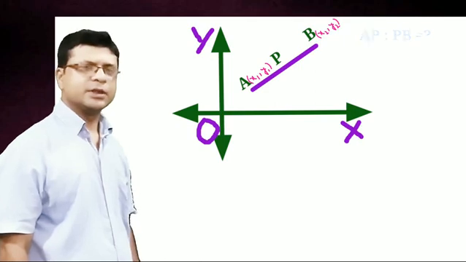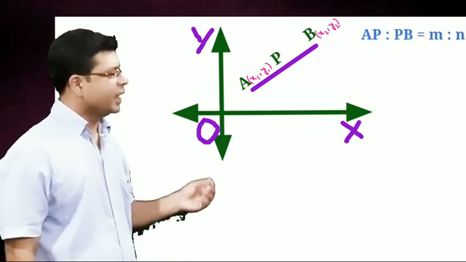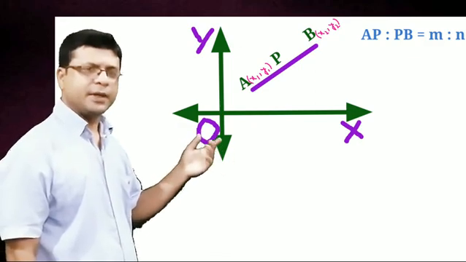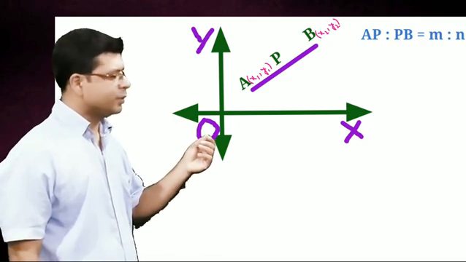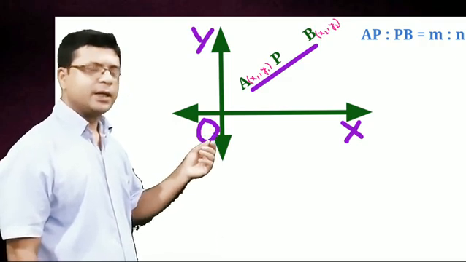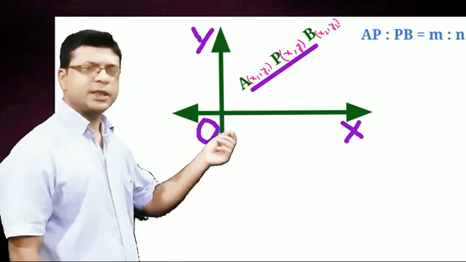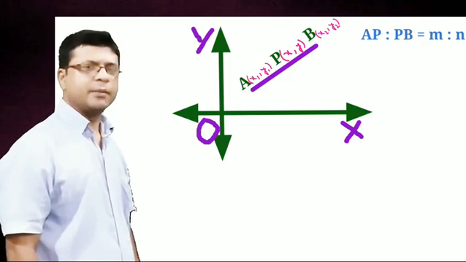Dear students, let us consider this ratio, that is AP and BP equal to m:n. Again, let us describe the situation, that is the coordinates of point A are x1, y1 and the coordinates of point B are x2, y2. We want to find the coordinates of point P. Let it be x, y. We want to find this coordinate, that is x and y. Here we know the ratio of AP and BP, which is equal to m:n.